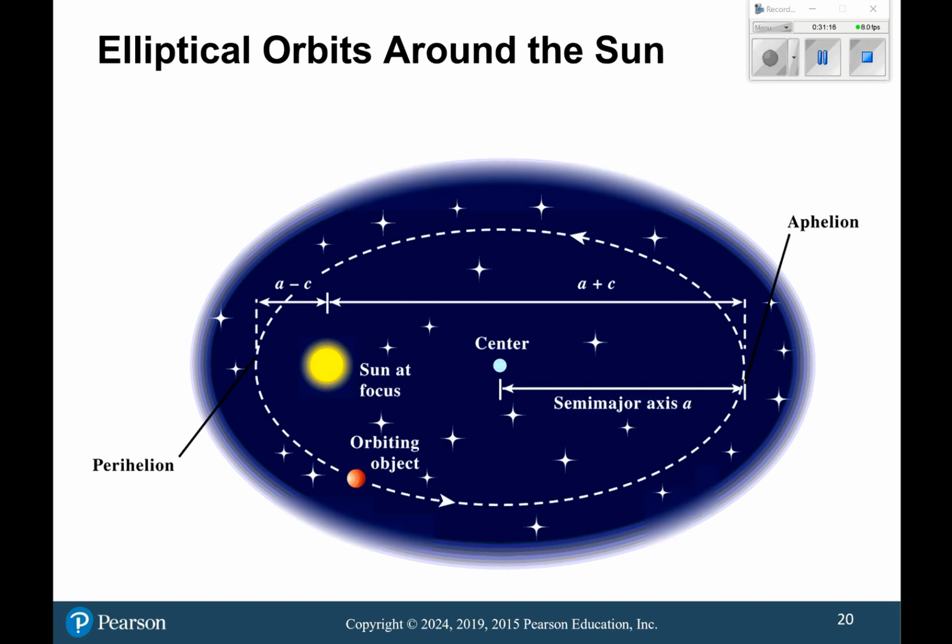Solved a lot of problems with astronomy once we figured out that planets orbit around the sun in a path of an ellipse, not a circle. It was a major controversy at the time.